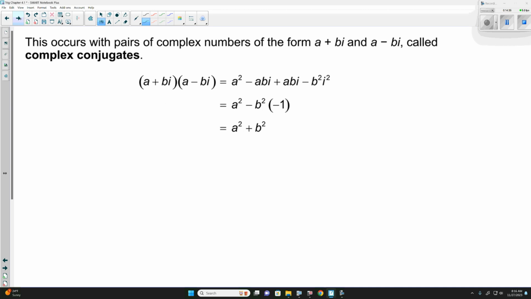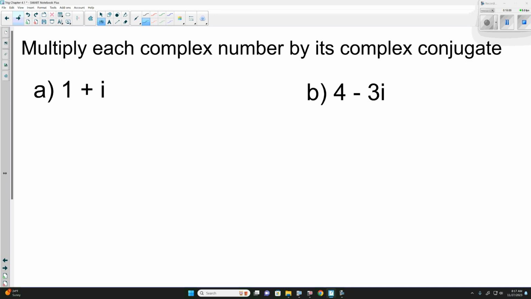And interestingly enough, when we multiply them together, we get a real number every single time because the i terms will cancel out. i squared becomes negative 1, and it simplifies down. Or really, it's the first term, the number of our real term squared, plus the number in front of our i squared gives us the value also, or we can plug them into the calculator to see what their product is.